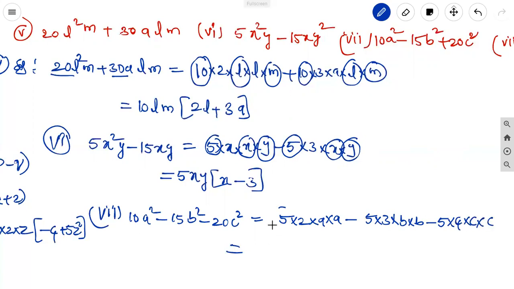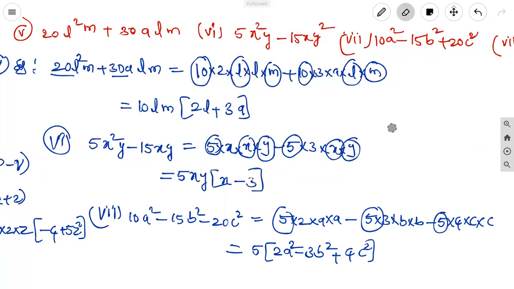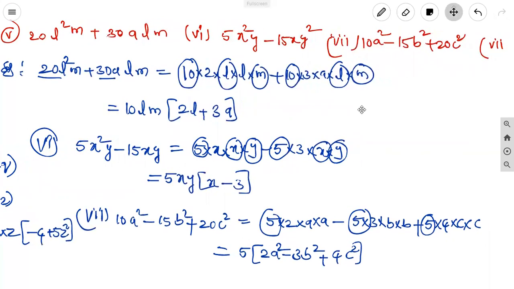Here in all, only 5 is common. a, b, c are different. 2, 3, 4 are also different. So 5 right outside. 2 into a, 2a square minus 3b square plus 4c square. Sorry, minus 4c square. Here plus 20c square only. Here also plus 20c square. Okay. This is the factorization of the seventh one.